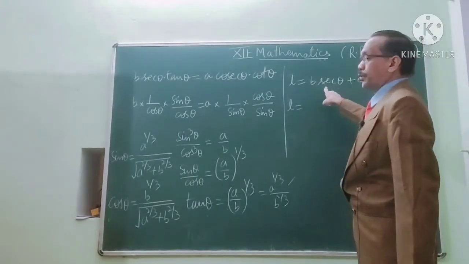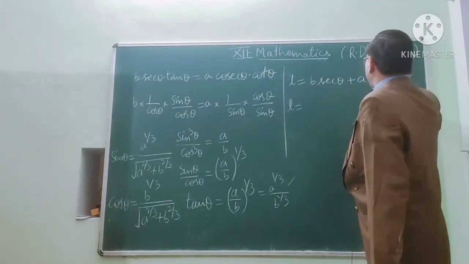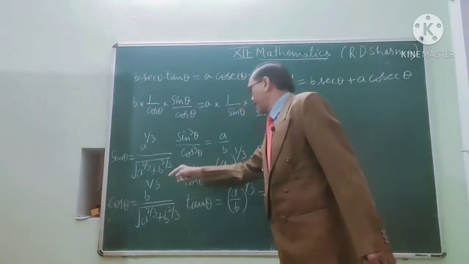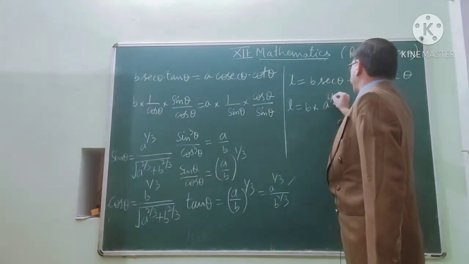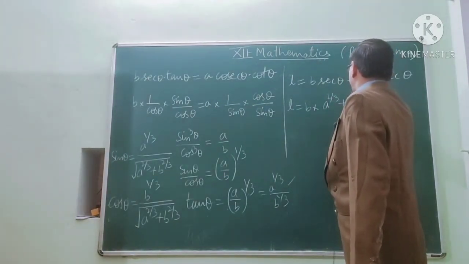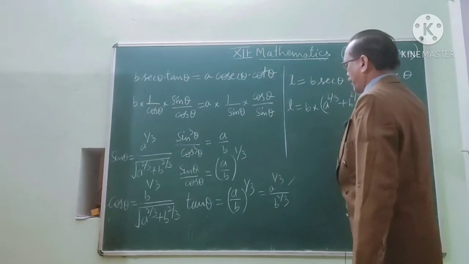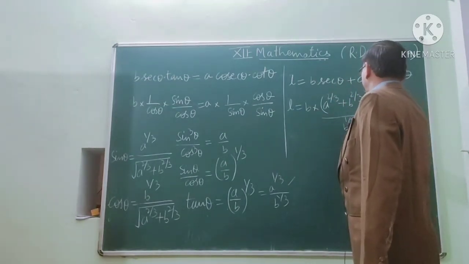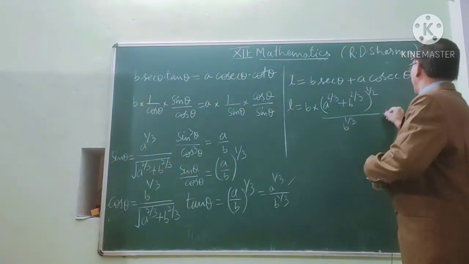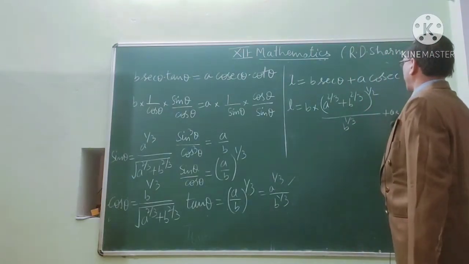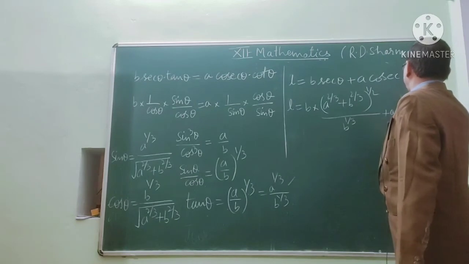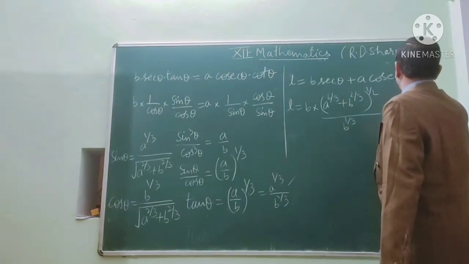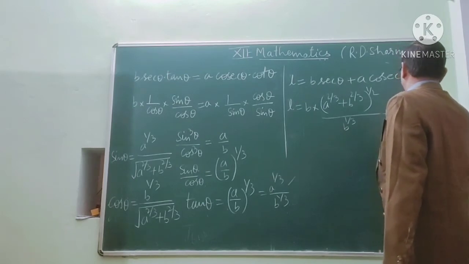Since L equals b sec theta plus a cosec theta, it is b times sec theta, which is (a^(2/3) + b^(2/3)) whole power 1/2 divided by b^(1/3). Similarly, here it is a cosec theta, (a^(2/3) + b^(2/3)) whole power 1/2 divided by a^(1/3).